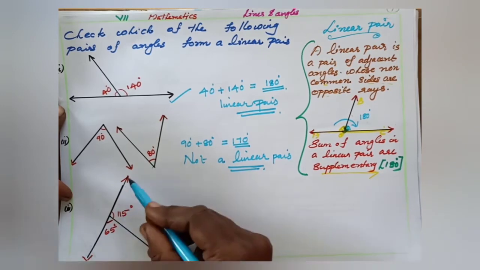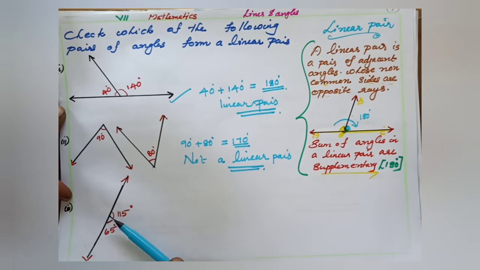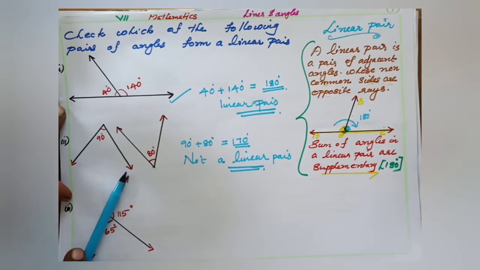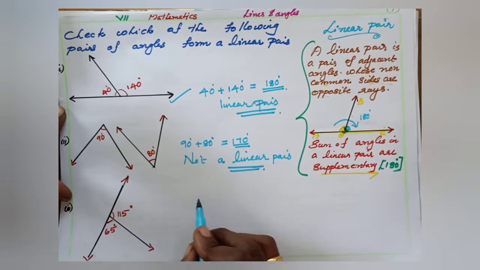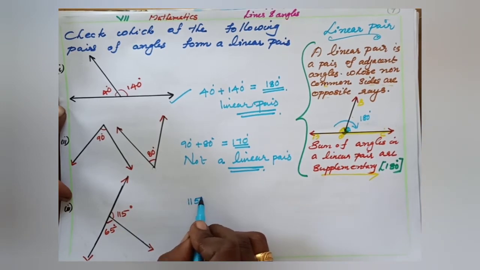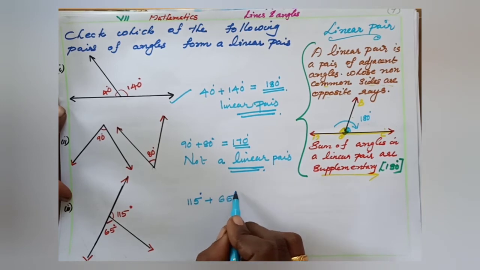Listen, see this third question. Here one angle is 115 degrees and the second angle is 65 degrees. They have a common arm and common vertex, and the non-common arms on either side of the common arm form a straight line. So the three conditions are satisfied. Then adding, 115 degrees plus 65 degrees.